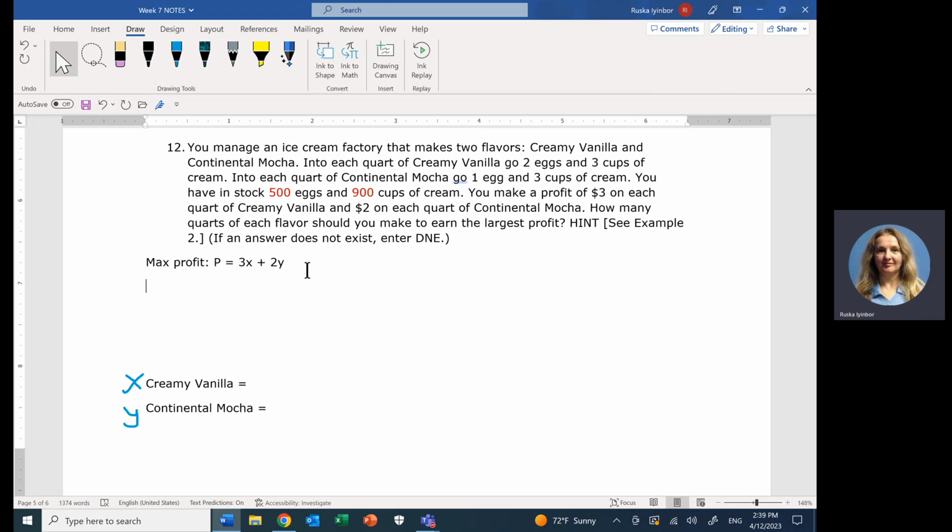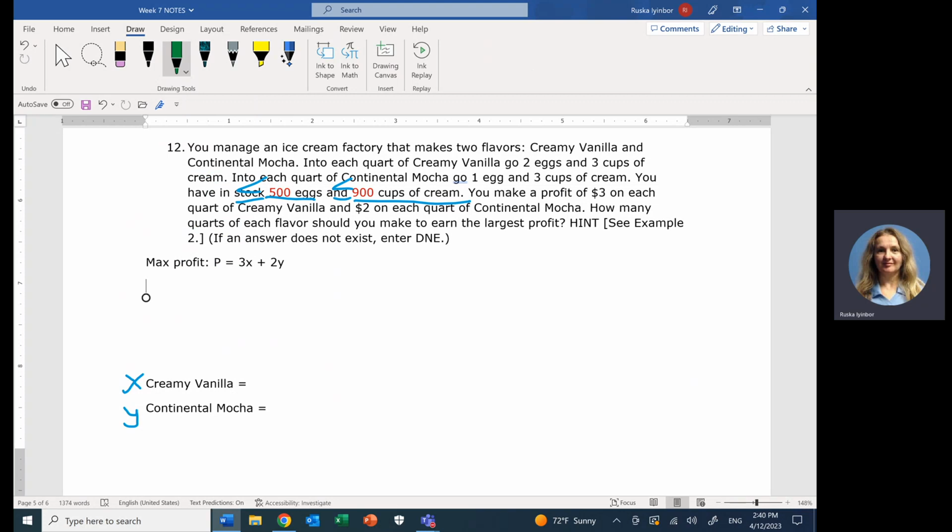Now we need to set up the inequalities here, the restriction for the X, and restrictions for the cups of cream. We have in stock 500X. So that's the maximum X you can use, so everything you use should be less or equal 500, and everything you use should be less or equal 900 cups. So we're going to start with X first.